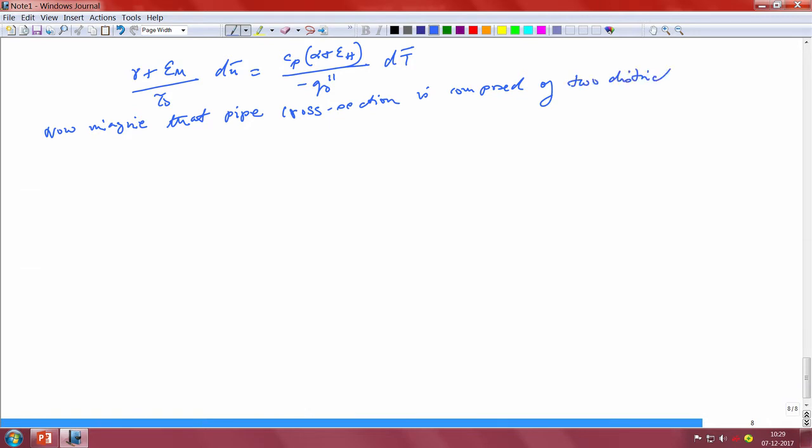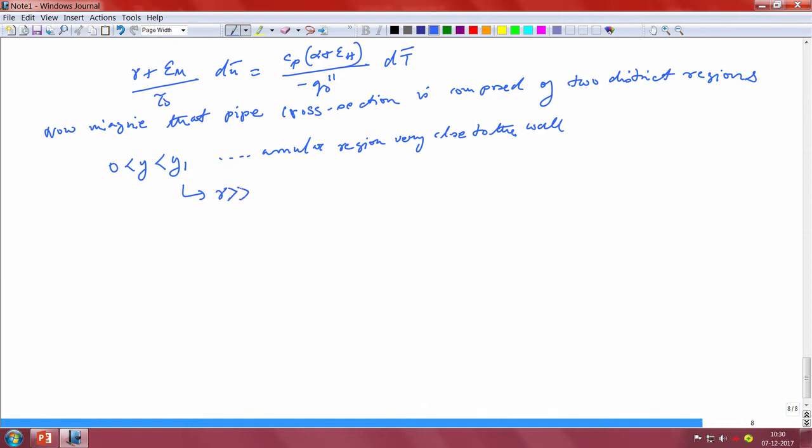In the annular region close to the wall, one region is y greater than 0 and less than some quantity y1, which is the annular region very close to the wall, where in this particular region your gamma must be much greater than your epsilon m, and alpha is much greater than your epsilon h.